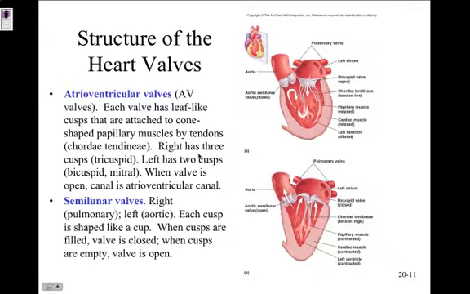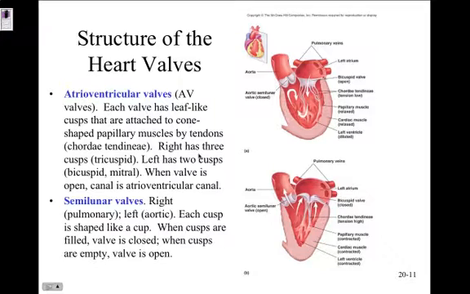Okay, what keeps the blood from going backwards into the atria when the ventricles contract, instead of going out through the vessels, are the valves. We have some different valves to talk about. The atrioventricular valves, called AV valves, are between the atrium and the ventricle.